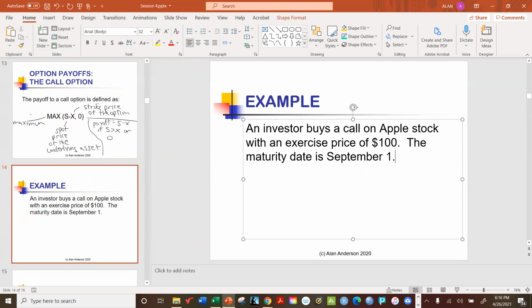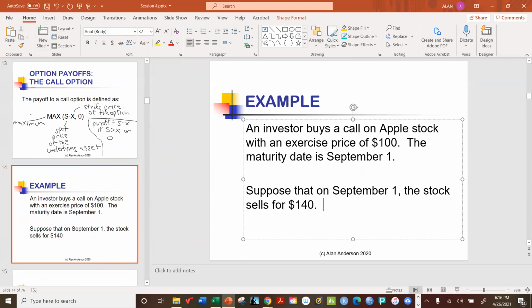Okay, so on September 1st, let's assume the stock sells for 140.